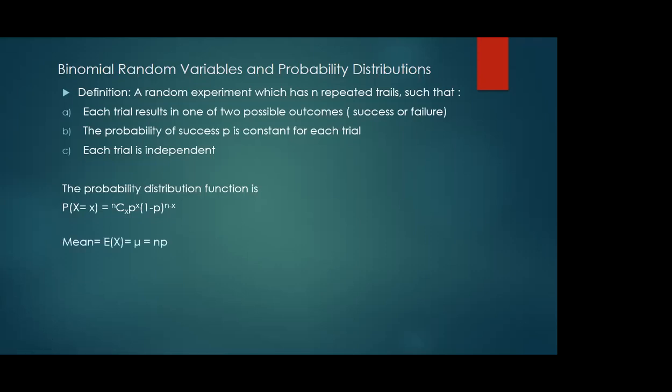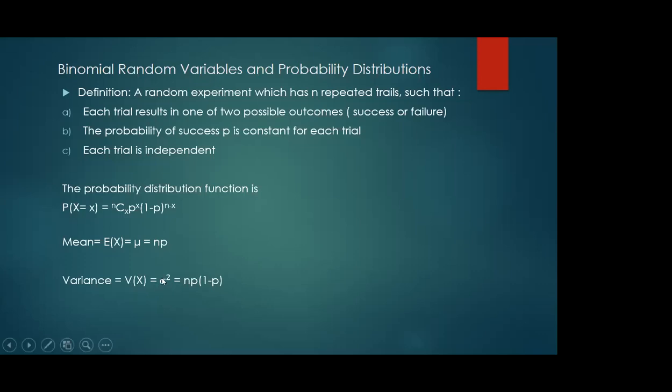For the binomial distribution, the mean, also called the expected value or the average, is the expected value of X, which is equal to mu, which is equal to n times P, our sample size times our probability of success.